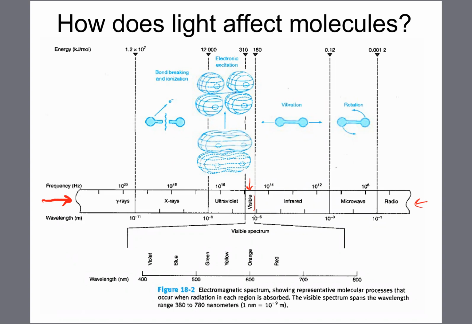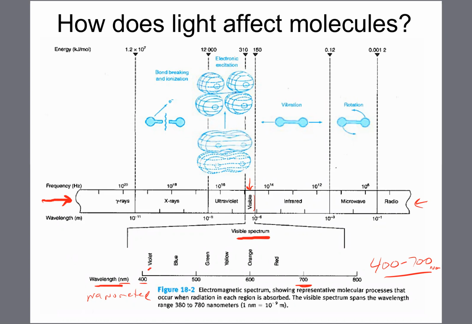But if we actually zoomed in on just the visible spectrum, what we would see is that it encompasses wavelengths, in nanometer units, from about 400 to about 700 nanometers. That is our visible range. This is the light that our eyes can see. About 400 nanometers is a violet color.